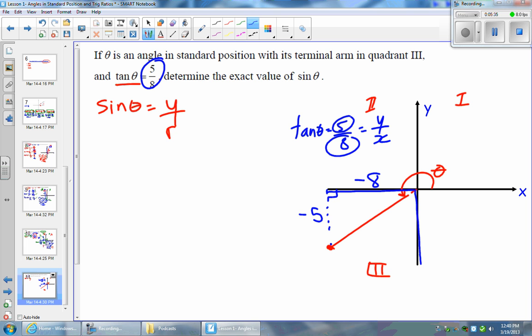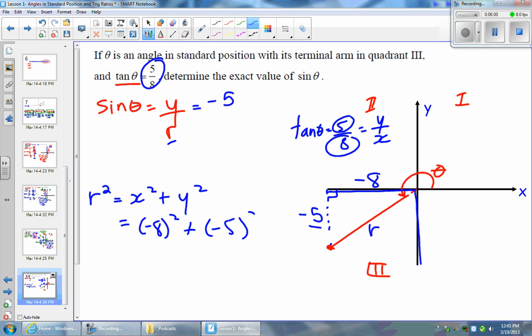Looking at the sine ratio, we know what the y value is. That y value is negative 5, but unfortunately we do not know what our r value is equal to. But it's easy to find because we're going to apply once again our Pythagorean theorem. So r squared is equal to x squared plus y squared. x squared is negative 8 squared, plus y, which is negative 5 squared, and this is all equal to r squared.